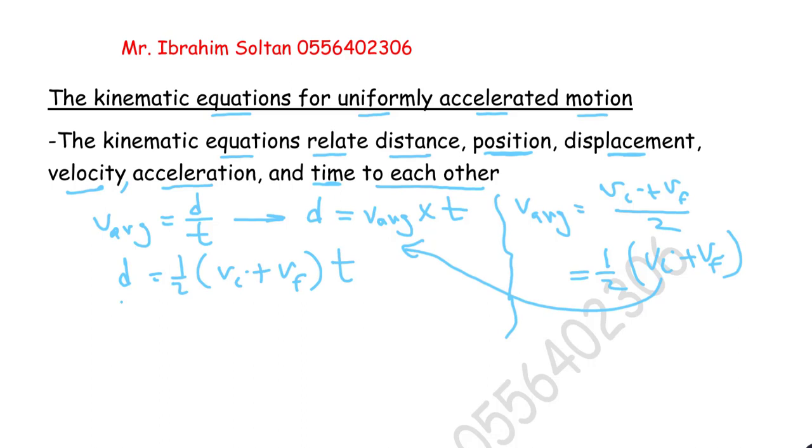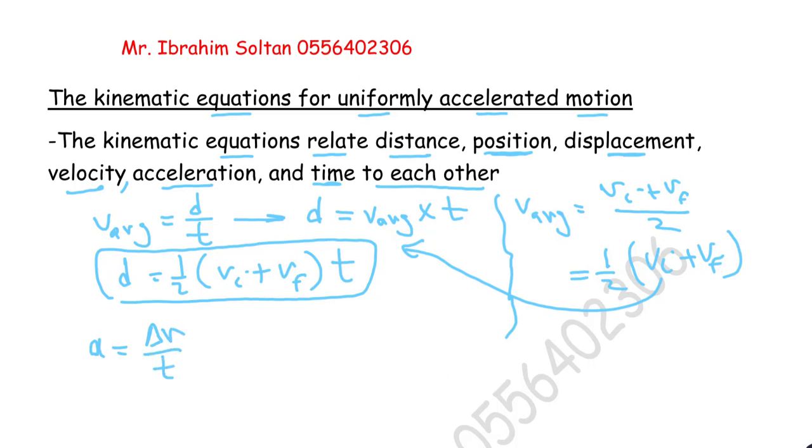This equation is so important because you can use it when you don't have the acceleration. As you see in the problem, we have distance, final speed, initial speed, and time. We don't have acceleration, so it is good to use when you don't know the acceleration.